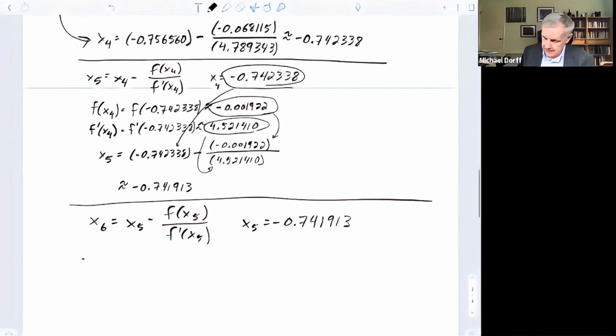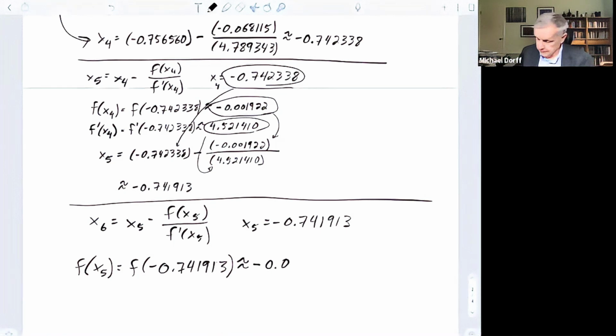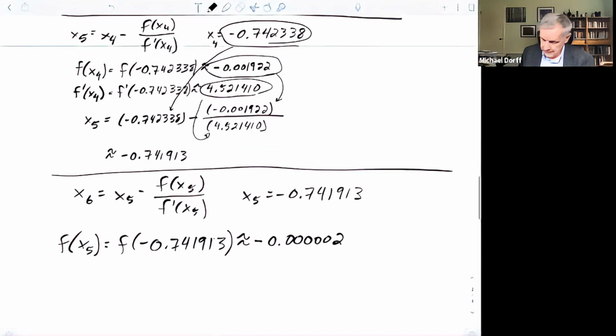Then I need to figure out f of x sub 5, which is f of negative 0.741913, which turns out to be approximately equal to negative 0.000002. Really good. Again, it's getting very, very close to 0 for our purposes here.